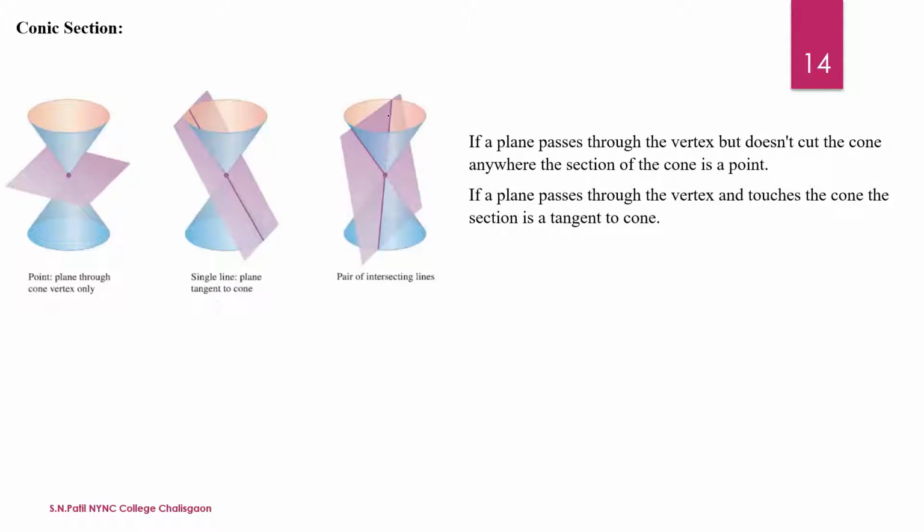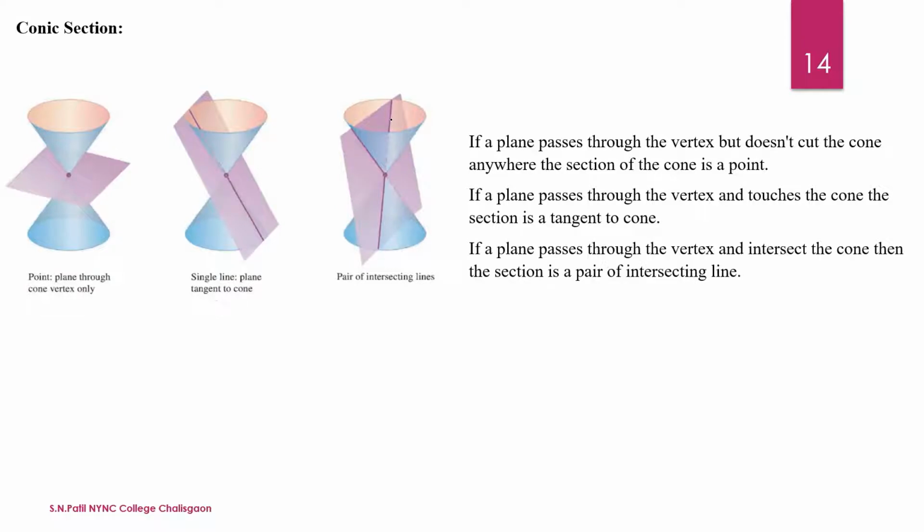Okay. Now when the plane intersects, there are a number of lines formed here, like generators, through the vertex and intersecting the cone, then the section is a pair of intersecting lines. All lines are intersecting in this.